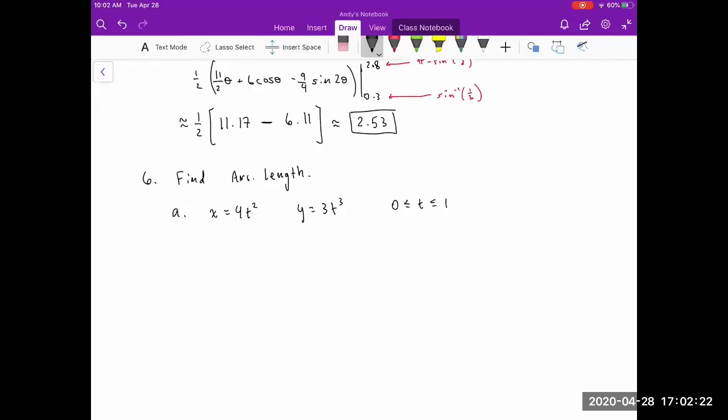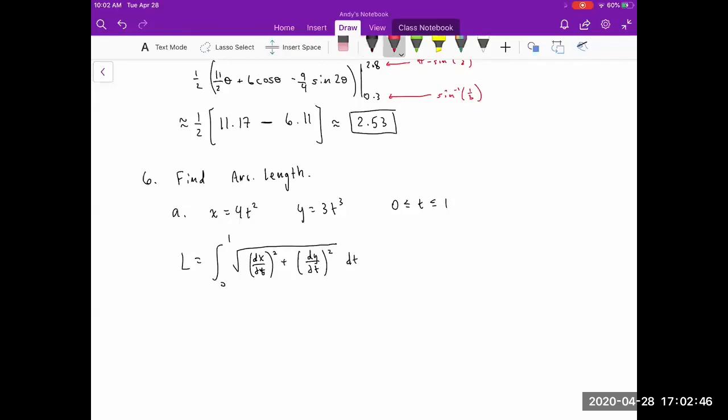The arc length formula for parametric was the integral between the limits of the square root of (dx over dt) squared plus (dy over dt) squared, dt.